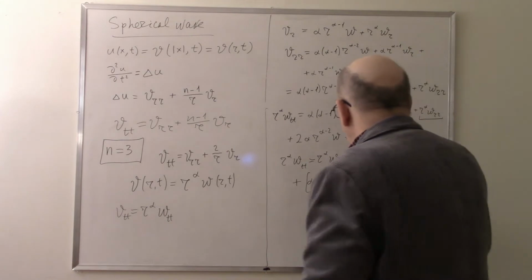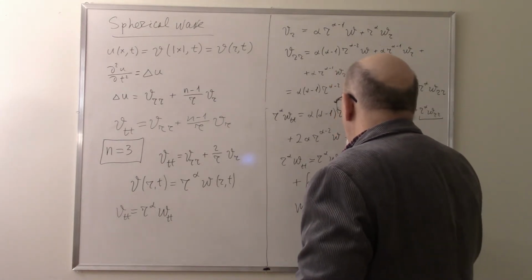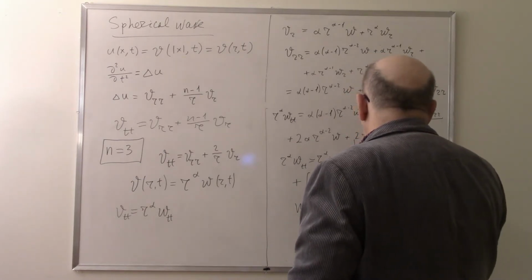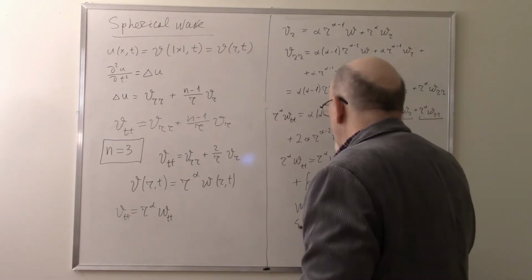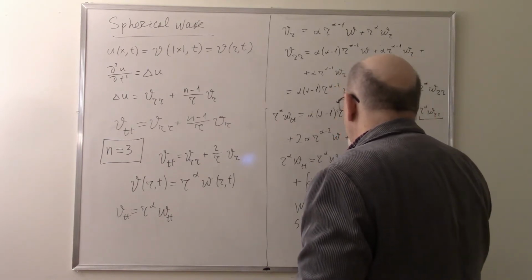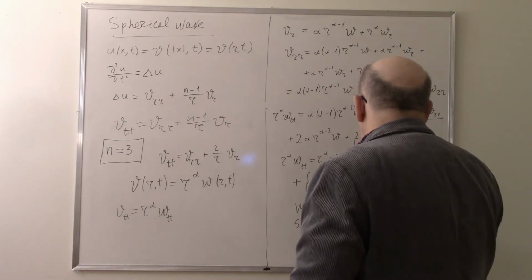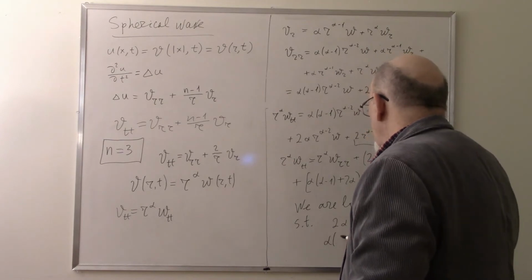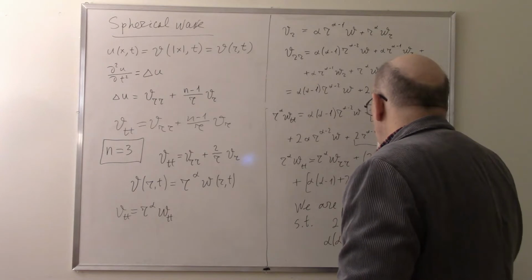So we are looking for alpha such that 2 alpha plus 2 equals 0 on one hand, and alpha minus 1 plus 2 alpha equals 0.